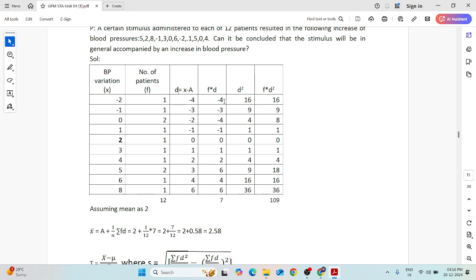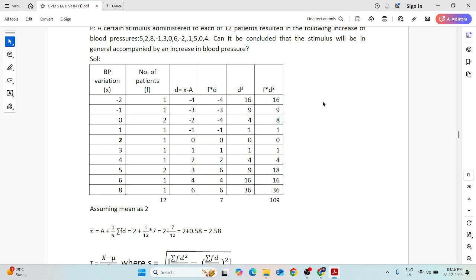So minus 4 into minus 4, 16. Minus 3 into minus 3, we have 9. Now it has to be multiplied with f, f into d square. So 1 into 16, 1 into 9 we have 9, 2 into 4 we have 8.